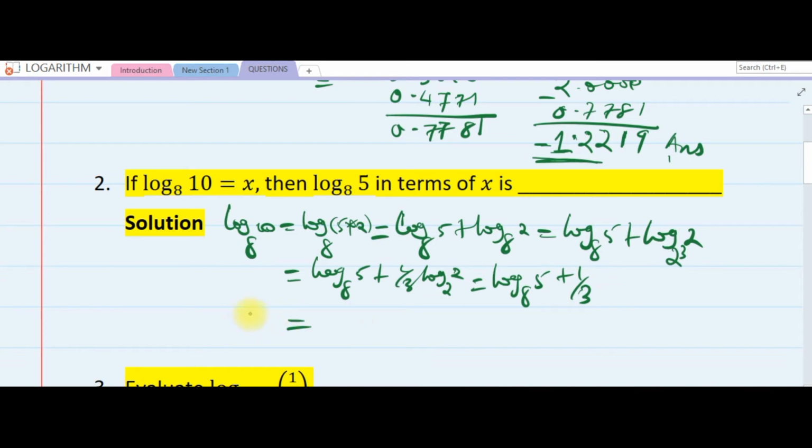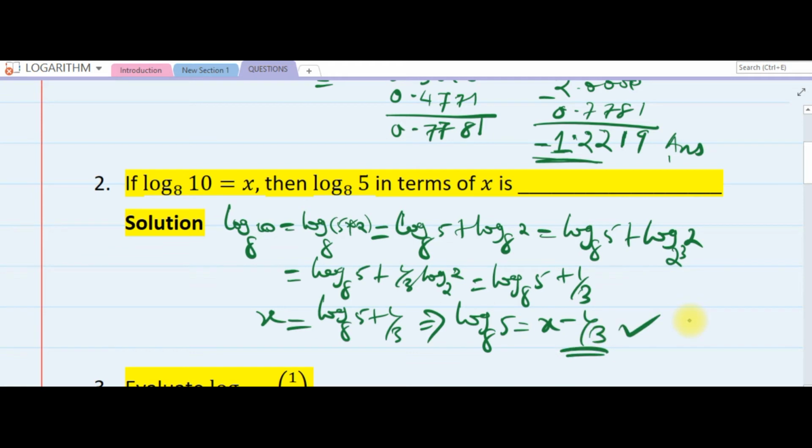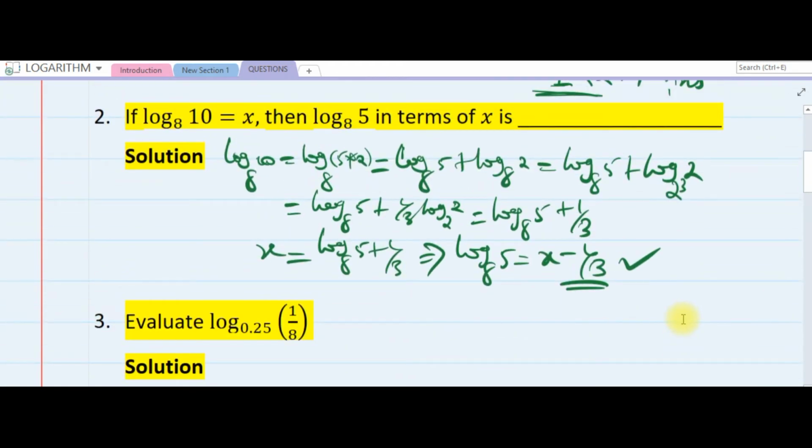But they told us log 10 in base 8 is x. So log 5 base 8 plus 1 over 3 equals x, which implies that log 5 base 8 is x minus 1 over 3. So that's the answer. Whenever you're asked to solve, just try to relate the given with the unknown. That's the best way to solve.